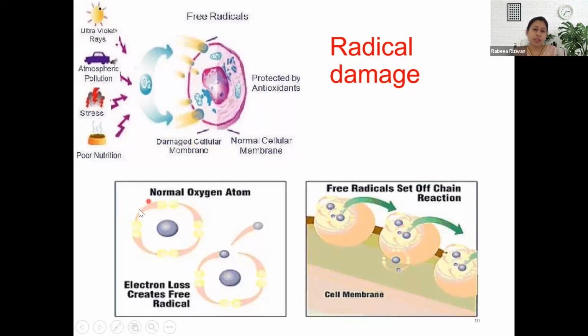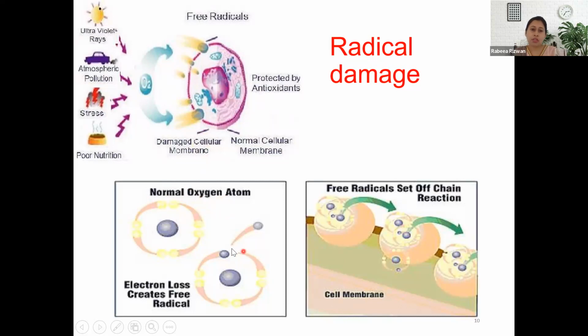And here in this figure, it is showing a normal cell. However, due to oxidative damage or a reaction with a free radical, when an unstable atom takes an electron from a normal oxygen, what happens?